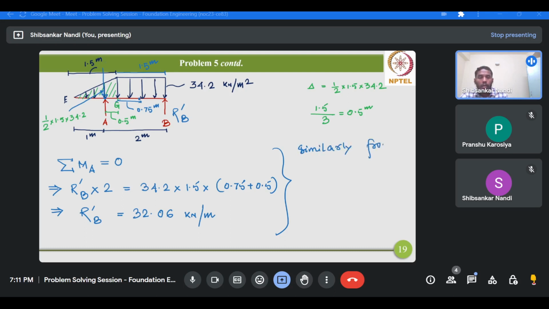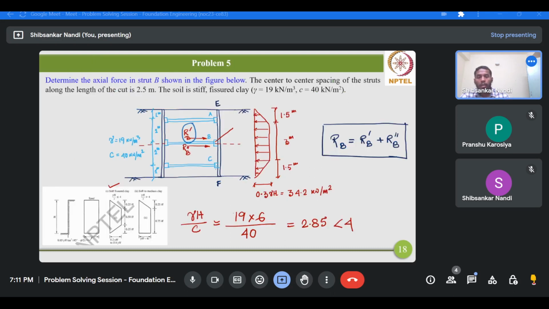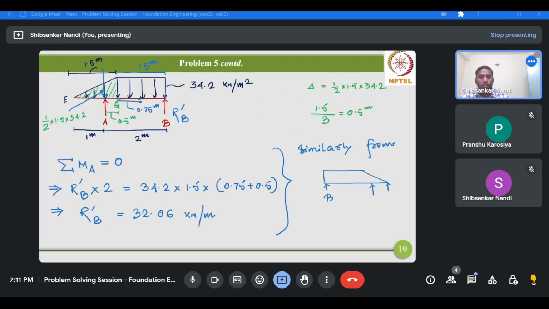Now similarly, from the FBD of the lower half, okay, we have just now considered the upper half. Now if we consider the lower half portion, this is your B, this is your C, this is your A. So we'll get RB double prime, and it should be equal to RB prime, since it's symmetrical.